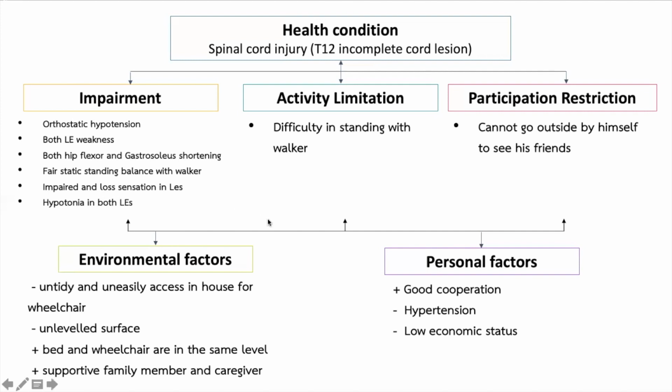By this ICF, you can see that the important factors are the impairment and the environmental factors. If we can change these two boxes, we can facilitate or boost change in the activity limitation and the participation restriction.